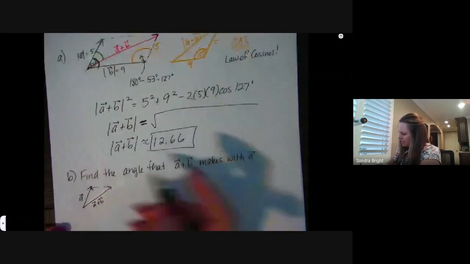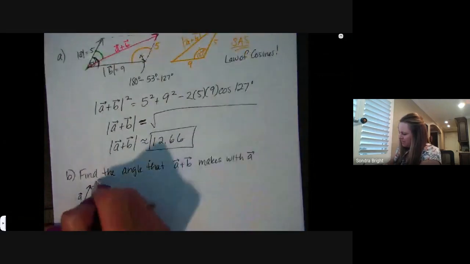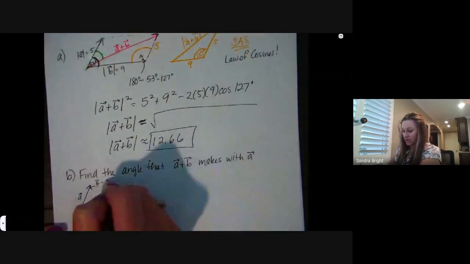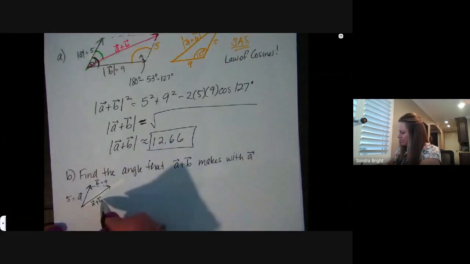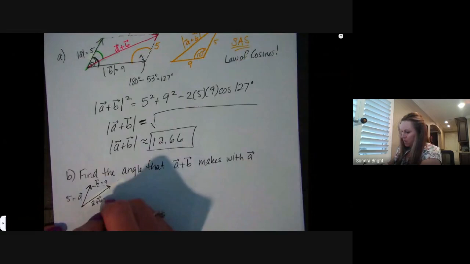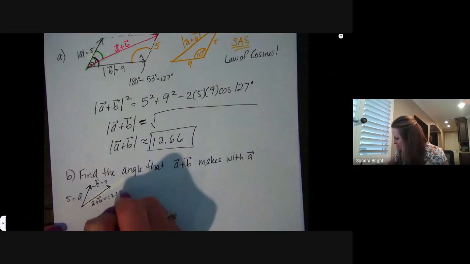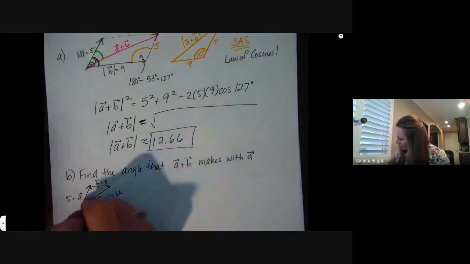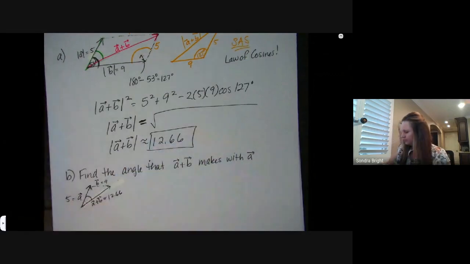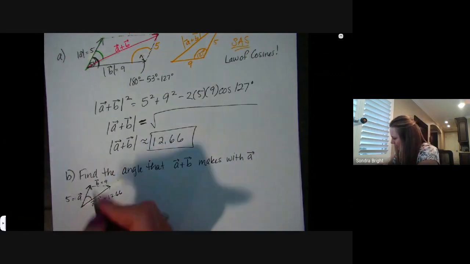And so this side is 9, and this side is 5, and this side we just figured out is about 12.66, and we want this angle here. And how about if I call it theta? It's the same as the green above.